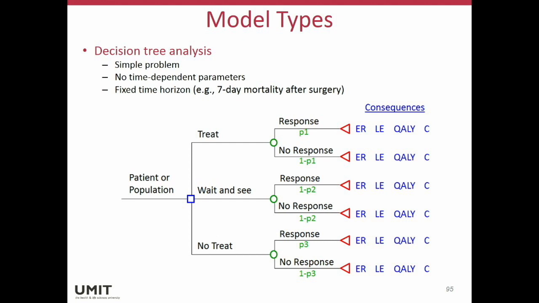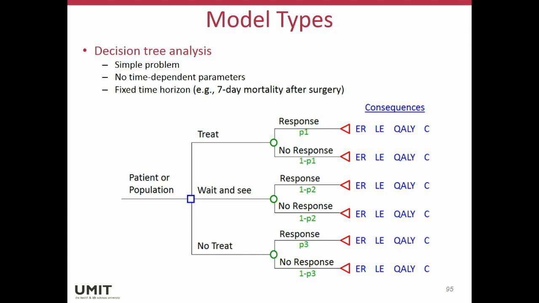From the decision node, we describe our alternatives, our alternative interventions, alternative treatments. Here it is to treat, wait and see, and no treat. And thereafter, we describe the pathway of the patients using so-called chance nodes.